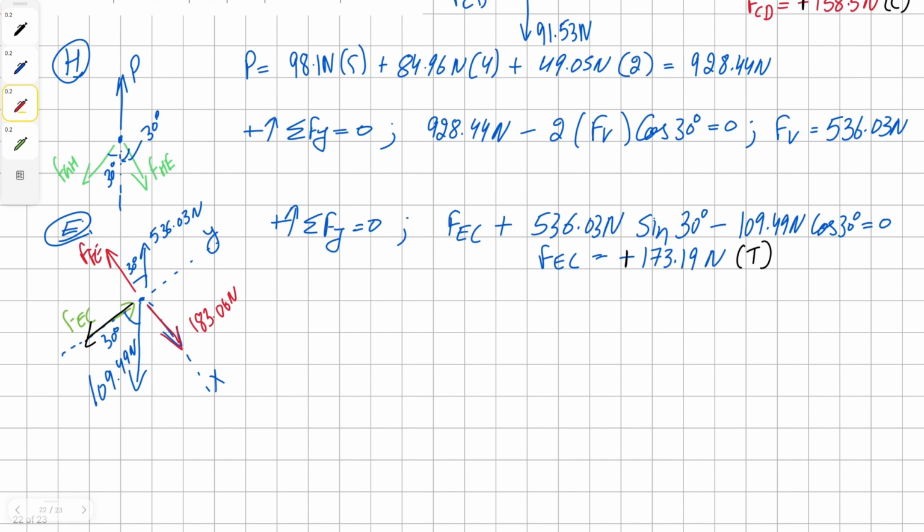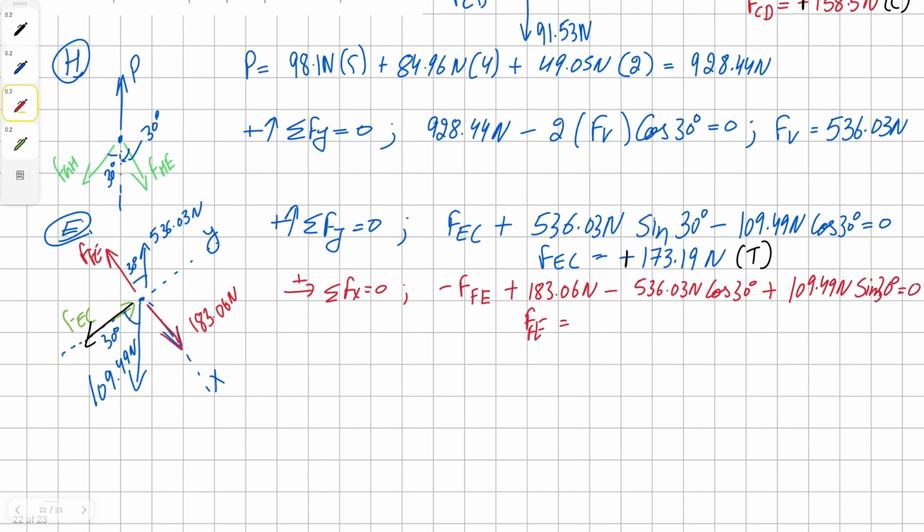Now we can sum the forces in x direction in order to find our solution for force FE. So this is simply going to be negative force FE, positive 183.06 Newton, negative horizontal component of 536.03 Newton, and then positive horizontal component of 109.49 Newton, all equals to 0.